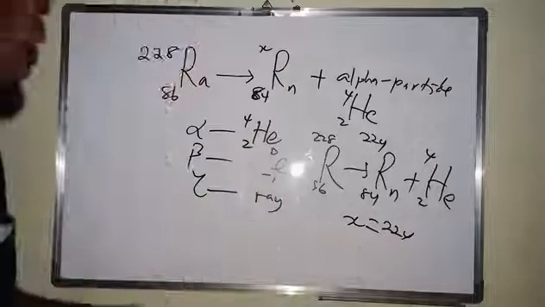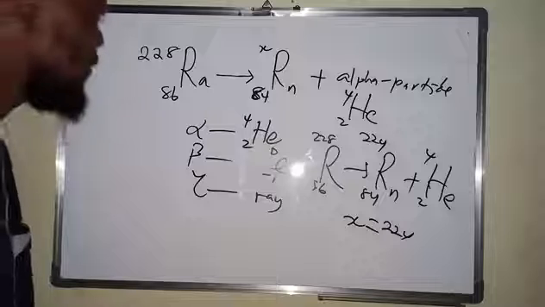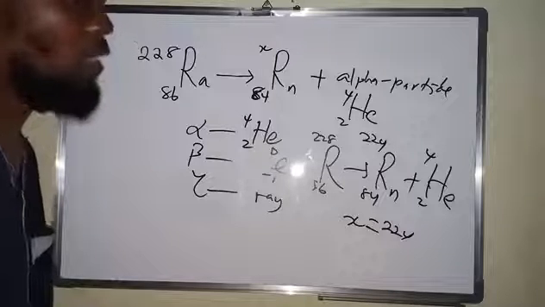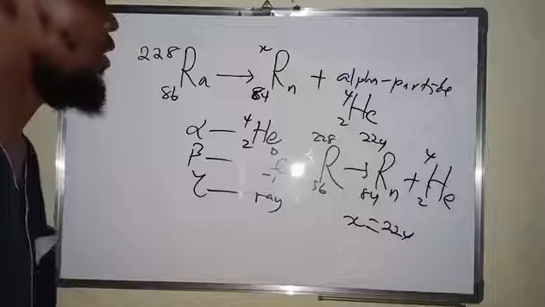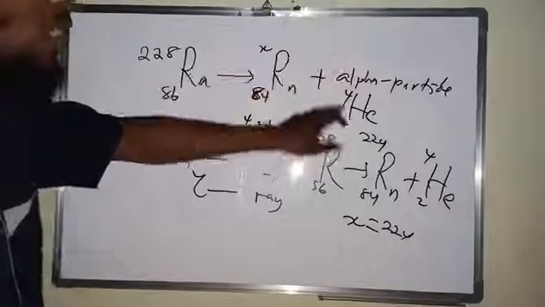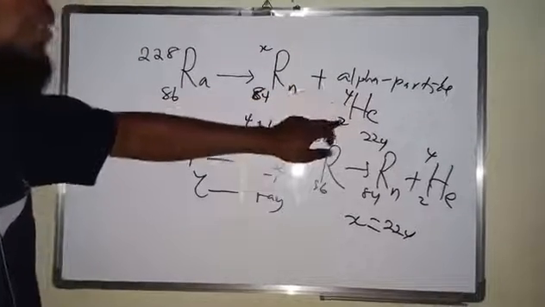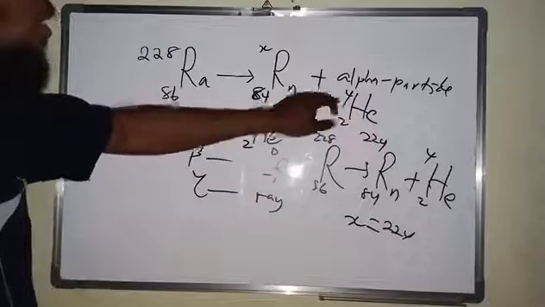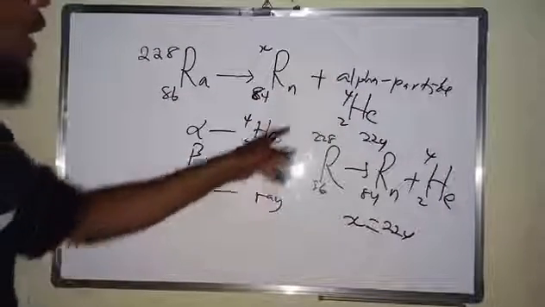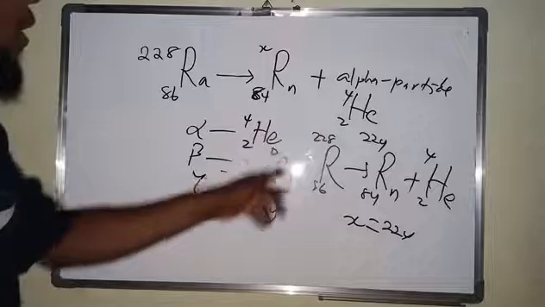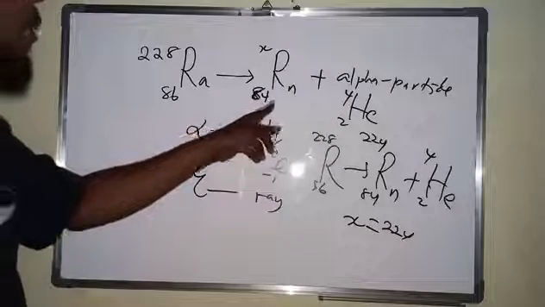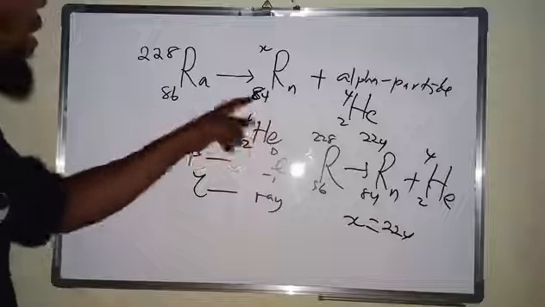So that's how you balance a radioactive equation, a nuclear equation. What you need to know is that an alpha particle is a helium nucleus with proton number of 2 and mass number of 4. Had it been a beta emission, then this would be 85, we have to increase by 1, so this would have been 87.